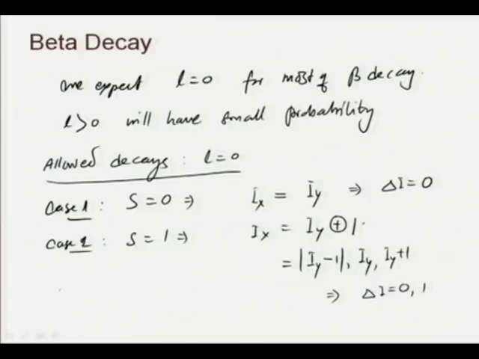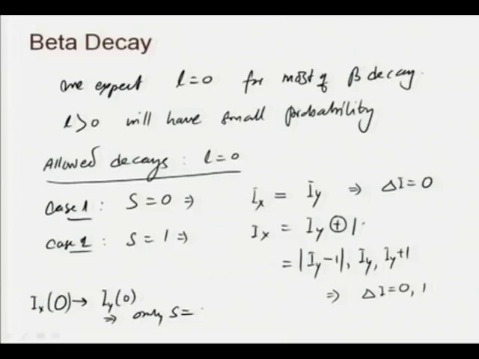A special case is the 0 to 0 transition, where I x is equal to 0 and I y is 0. So, here delta I is equal to 0, and it is only possible through the S equal to 0 transition.